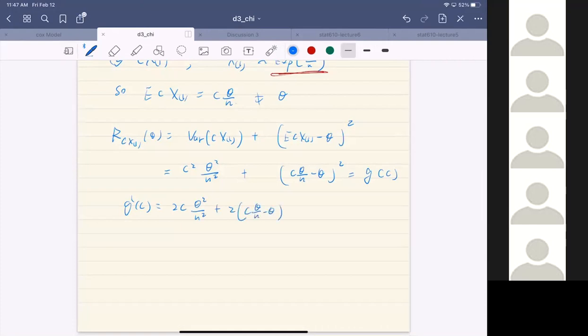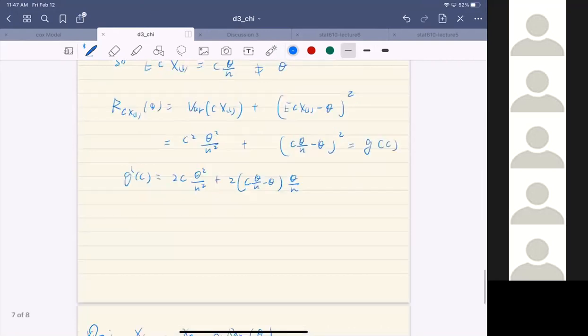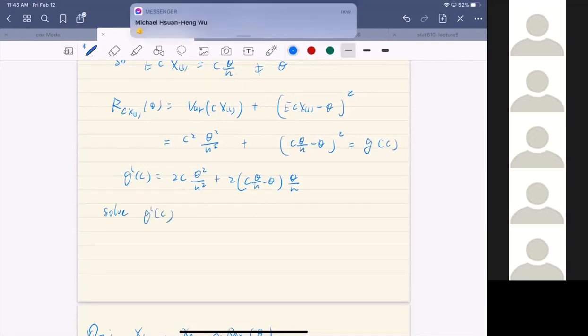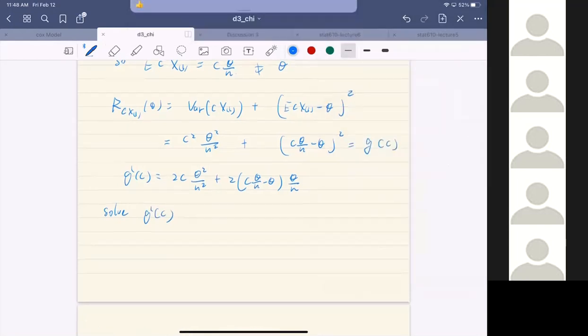Now we can solve this, set it equal to 0, then we may get the C.